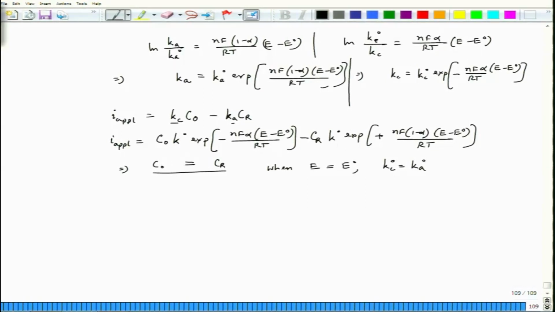Now, this is nothing but a Butler-Volmer equation. This equation is called the Butler-Volmer equation.